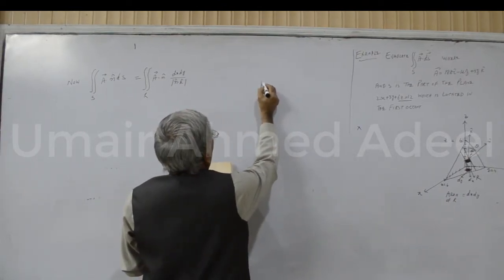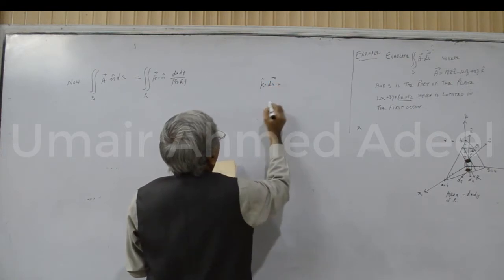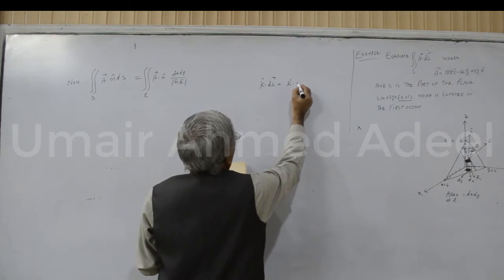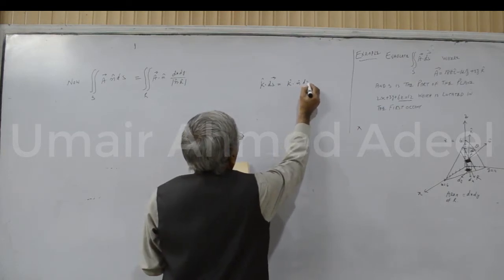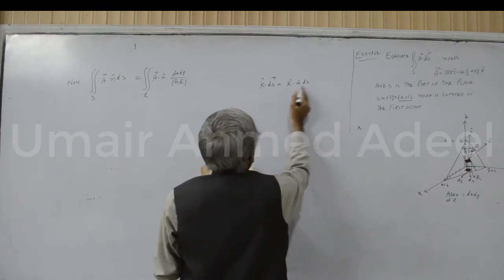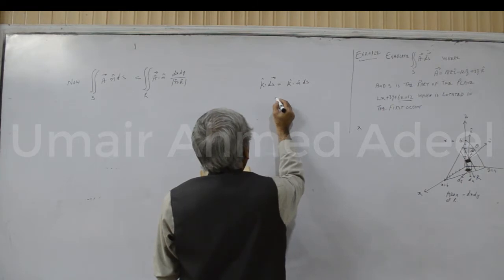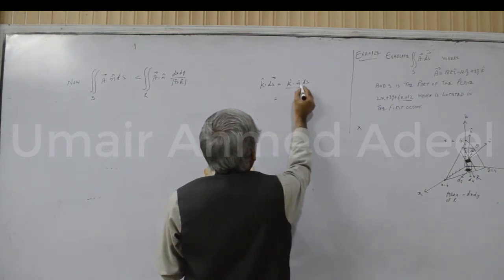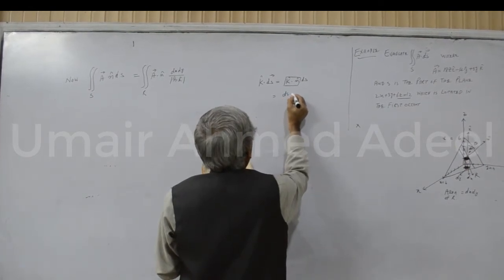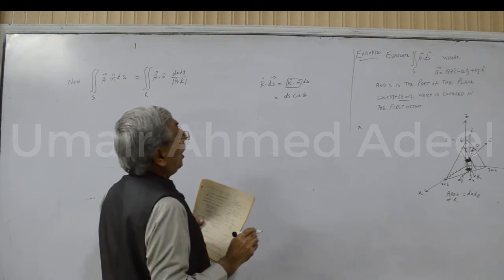So k dot ds is equal to k dot n ds, and that is equal to ds cosine theta. You know how?